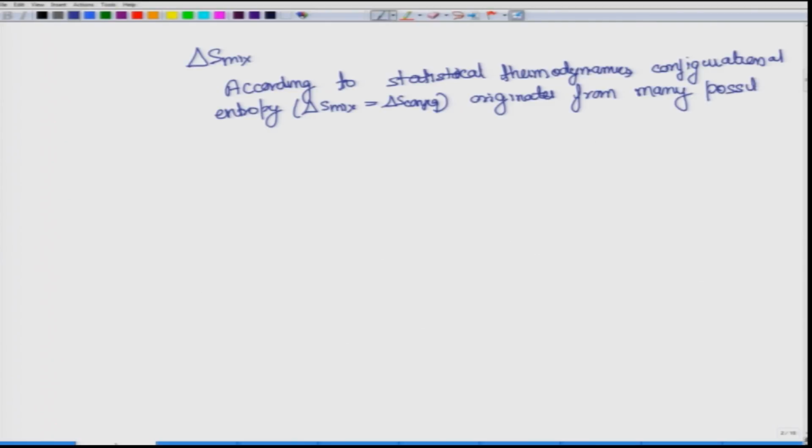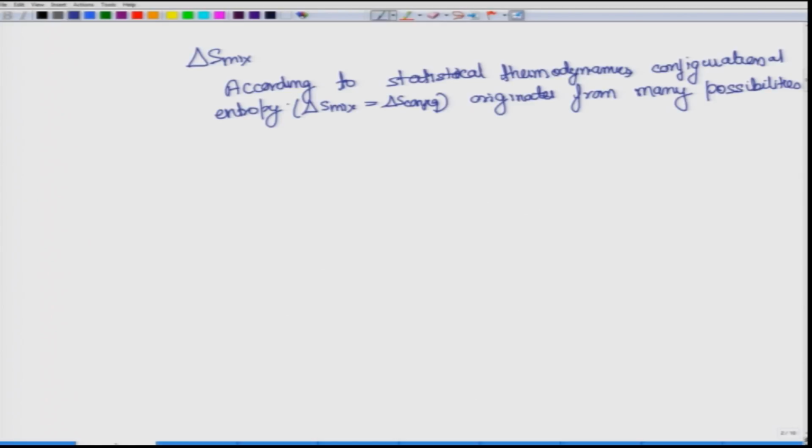So, now let us take an example of just 0 vacancy. How many ways can 0 vacancies be distributed or arranged in a n lattice system? So, that will be only one. Okay. So, in that case it would mean that delta x is equal to 0, that we will see.